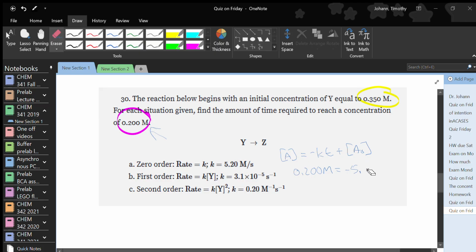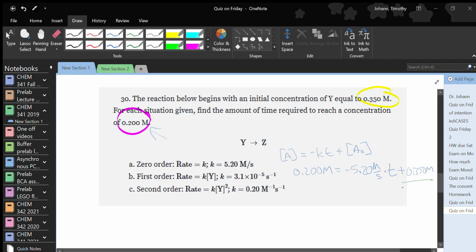That's a lot of molar per second. Times whatever time I'm solving for, plus 0.350 is what I start with. That's A naught, 0.350 molar. Okay, so now I've got everything except for t, and I need to solve for t.